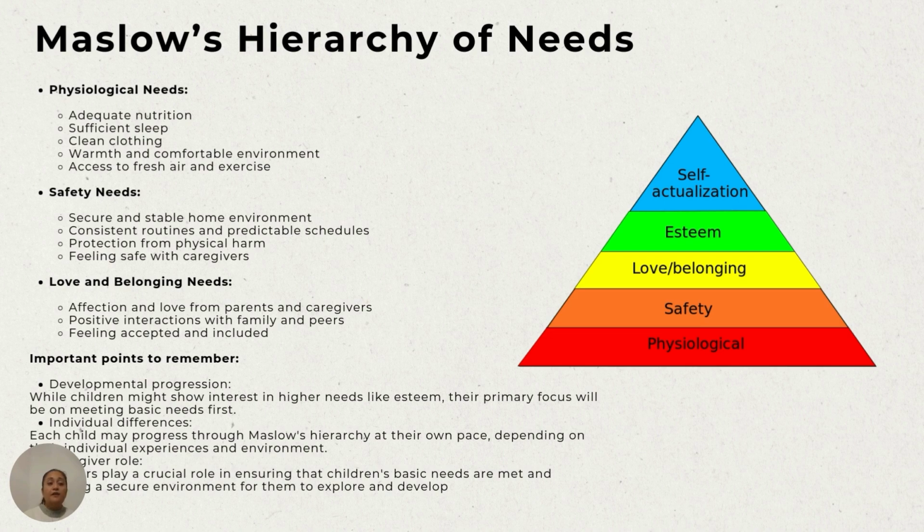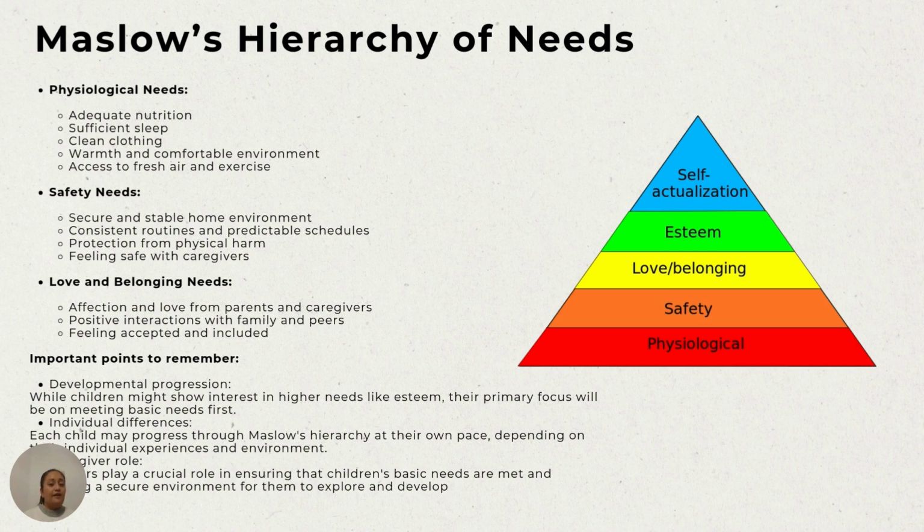This is where the adult can create routine and consistency and predictability to create a safe and secure environment for the child. When the child feels safe and secure, they move on to the need of love and belonging, where they need their primary caregiver to show them that they're accepted and loved no matter what.